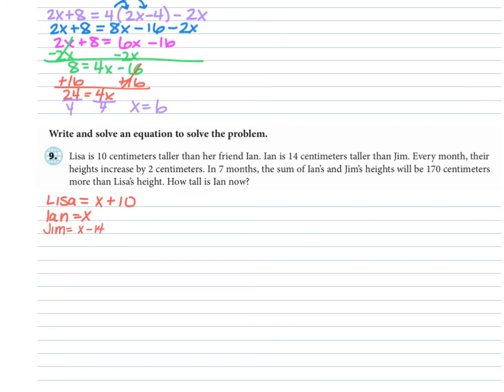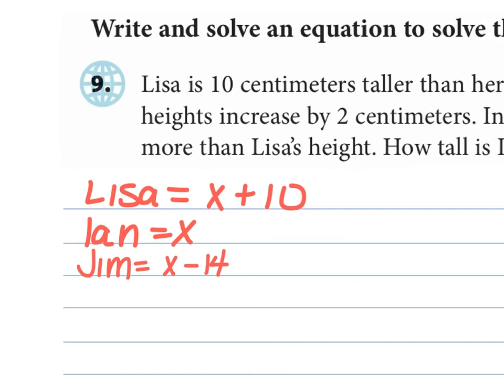We're not doing that though. It tells us in 7 months, the sum of Ian and Jim's height will be 170 centimeters more than Lisa's height. How tall is Ian now? So if we know that 7 months is the change, it's 2 centimeters per month, 2 times 7 is 14. So we're going to have to add 14 to all of these.